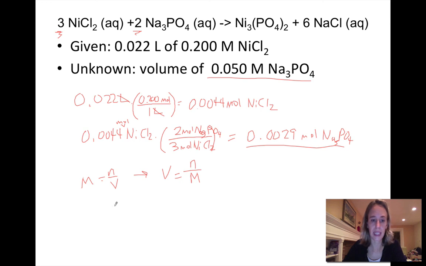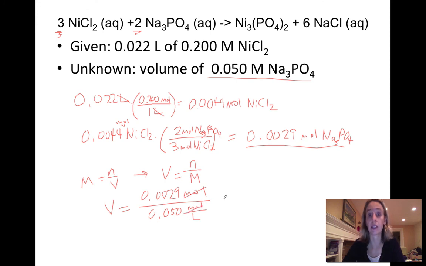And yeah, substituting in, volume equals our 0.0029 moles divided by our 0.050 molar, and again you can break that molar unit into moles per liter, and that shows that moles cancel out and liters would flip to the top of this particular problem.